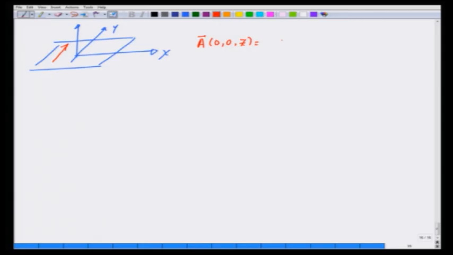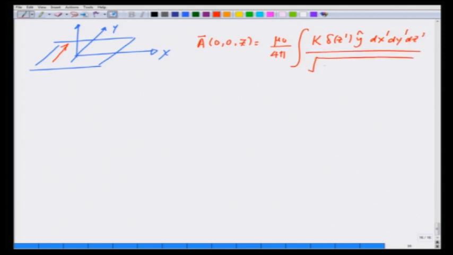It is mu naught over 4 pi integral k delta z prime in the y direction, dx prime dy prime dz prime, over the square root of x prime square plus y prime square plus (z minus z prime) square. Now, the integral over z prime, because of the delta z prime, gives me z prime equals 0.